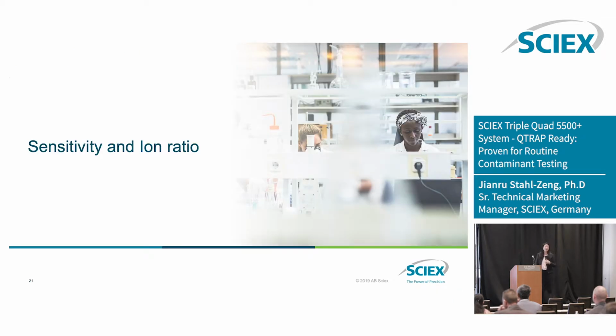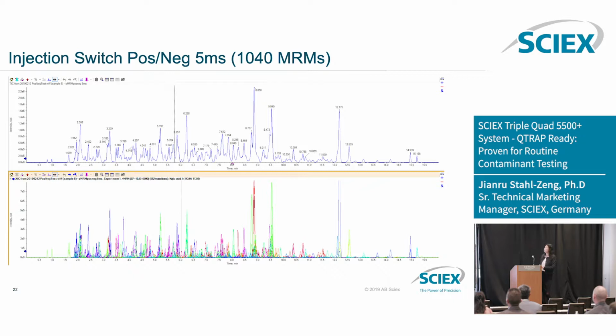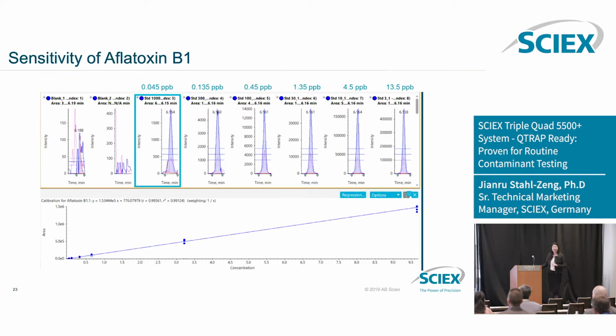And of course, for the mycotoxin analysis, the next step, what you want to know is sensitivity and ratio we discussed already before. So again, with 5 millisecond switching time, about 1,000 MRMs, positive, negative. And here's an example for Aflatoxin B1.